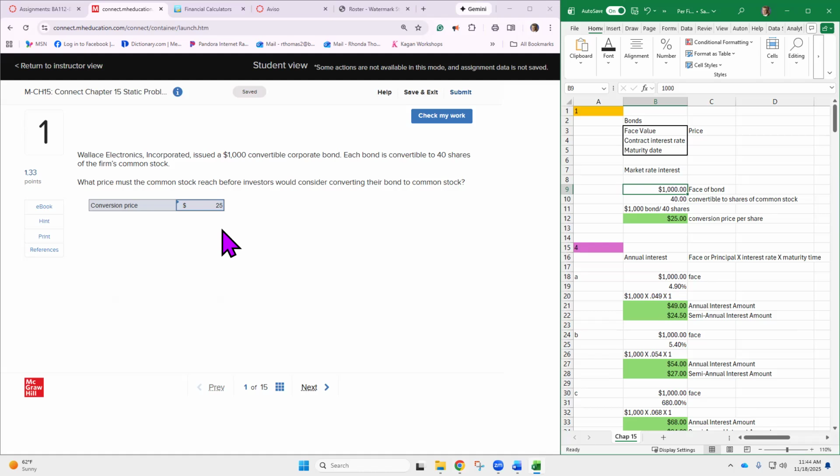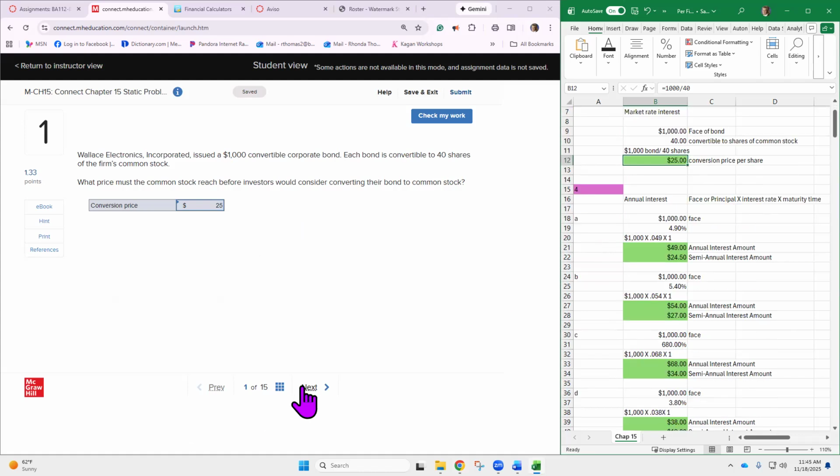So this is Wallace Electronics. If you take $1,000 divided by 40 shares, they would become interested in the conversion if the stock price got to 25 or more. So that's what number one is about.